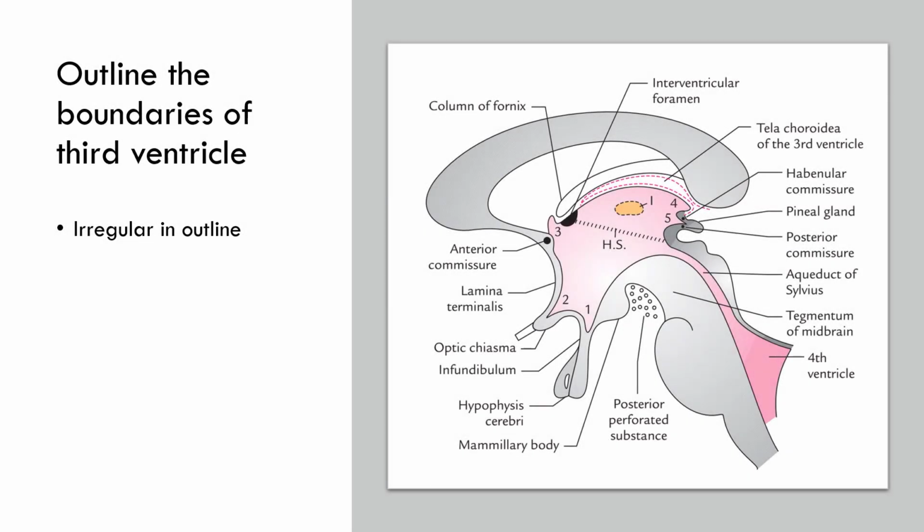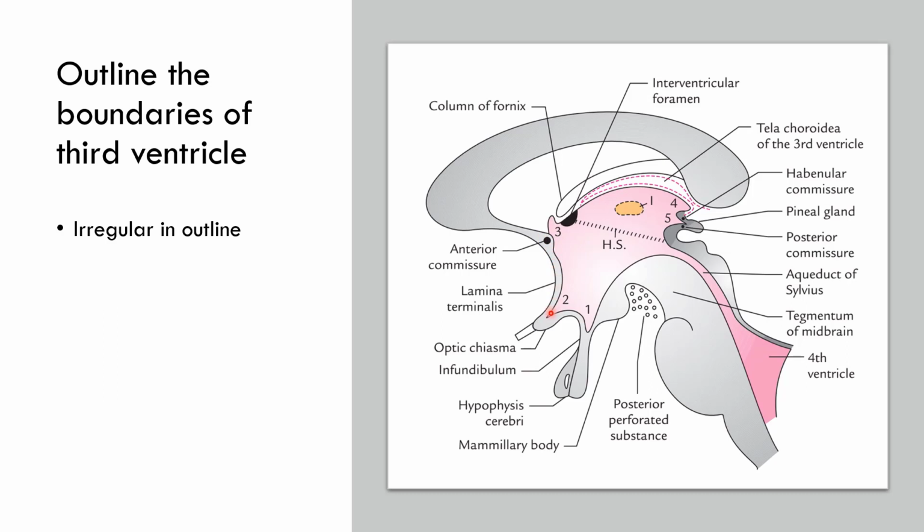This is a diagrammatic representation of a mid-sagittal section through the encephalon, showing the slit-like third ventricle. You can make out here the outlines of the third ventricle, which are so irregular. It has roof, floor, anterior and posterior relations. In the roof, it is related to the column of fornix, which is the outpouring tract from the hippocampus.